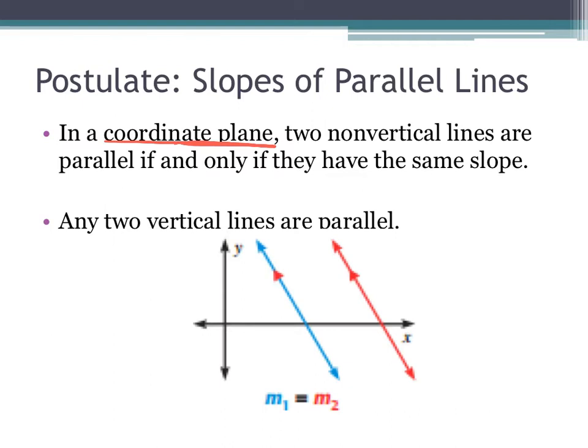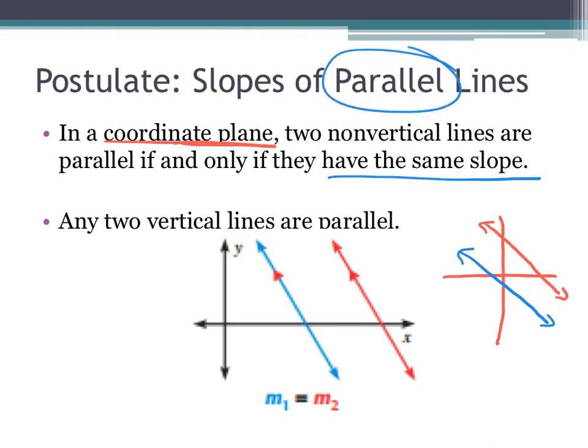So let's say that I'm looking at a graph and I see 2 lines here. I'm going to draw a really poor graph here because I don't have one available. And I am asked to determine whether these 2 lines are parallel. Then it's not about whether they look parallel or not. It's about their slopes. If they have the same slope, then they are parallel.